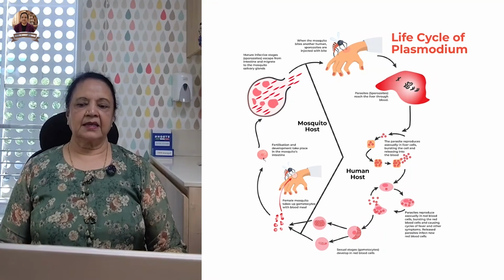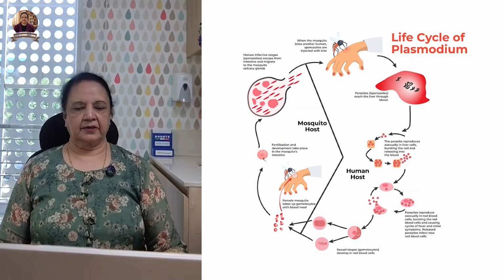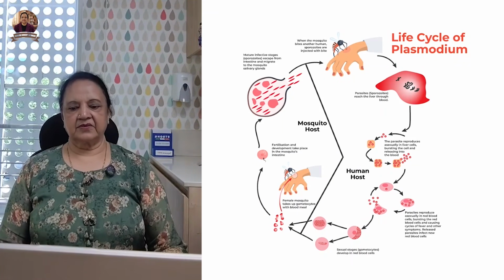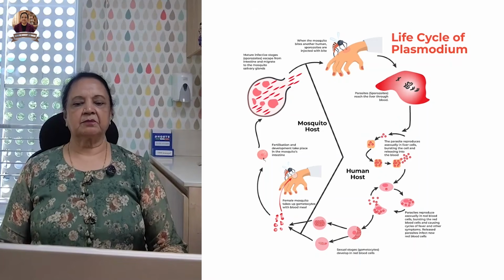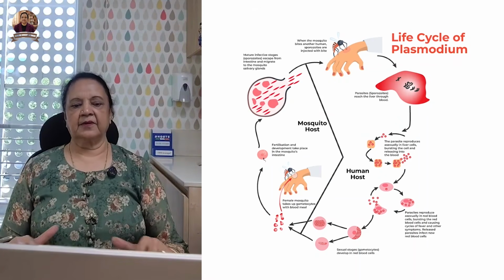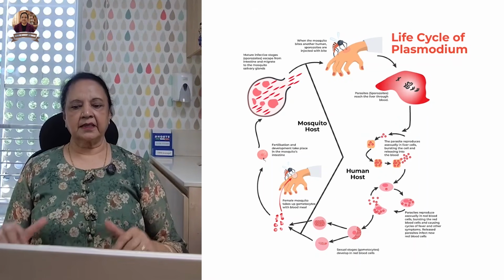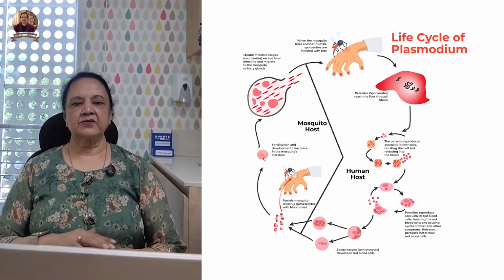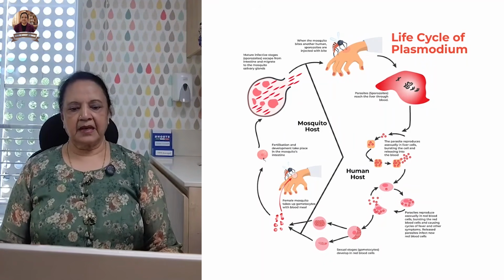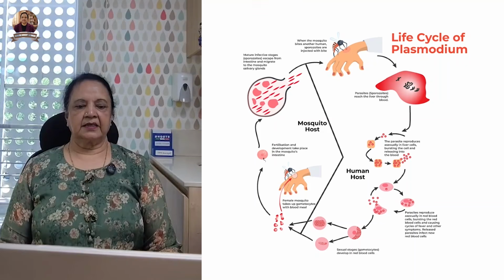In human, asexual cycle continues. First is the liver stage. When the mosquito bites a healthy person, the sporozoites enter the human bloodstream and travel to the liver. They multiply asexually inside the liver cells.